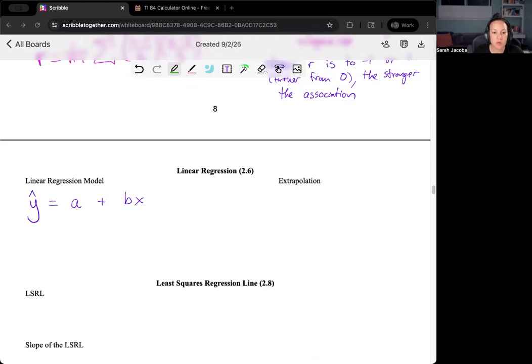This is super annoying because we've been hounding you about y equals mx plus b, and now b all of a sudden is our slope. A is our y-intercept.